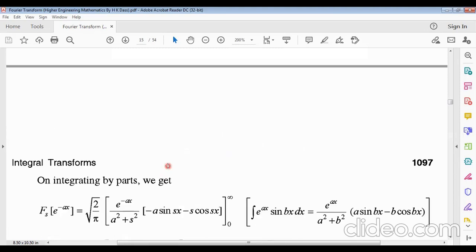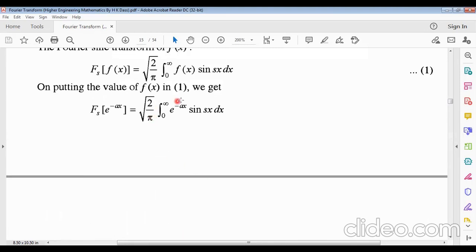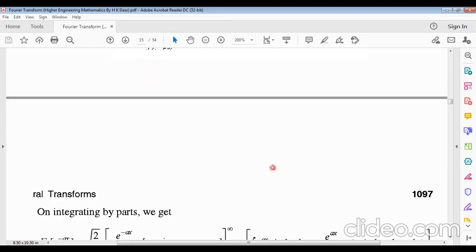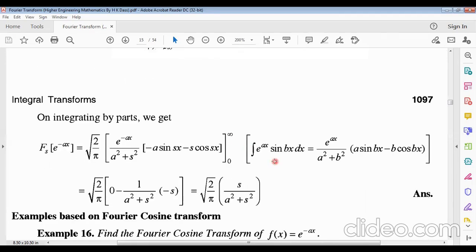Replacing a with minus a and b with s, we get e to the power minus x divided by a square plus s square, within the third bracket, minus s sine sx minus s cos sx. That means a equals minus a and b equals what?